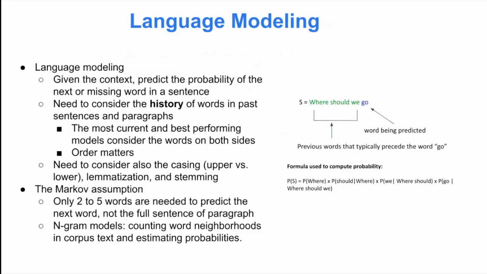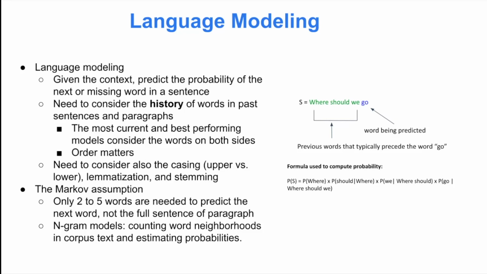Quickly to talk about language modeling. Language modeling is, given a context, can we predict the probability of a next or missing word in a sentence? In order to predict that, we need to consider the history of the words in past sentences and paragraphs. The best performing models currently used consider words on both sides, right?